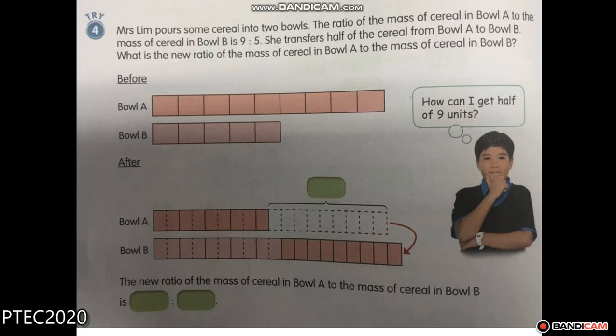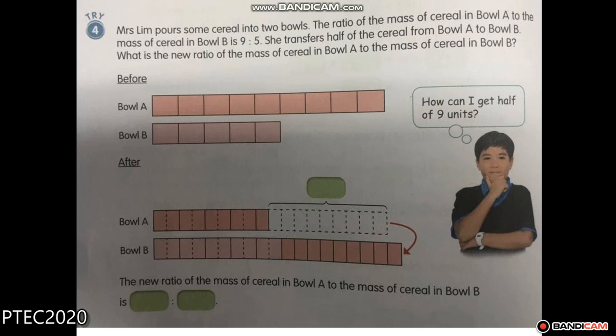She transferred half of the cereal from bowl A to bowl B. What is the new ratio of the mass of cereal in bowl A to the mass of cereal in bowl B? Now after reading, do you understand the problem? Are you clear? If not, you have to read it again, several times, until you understand the problem.